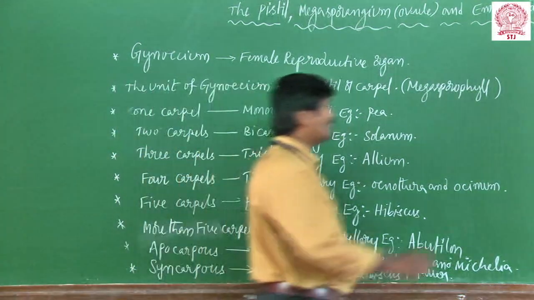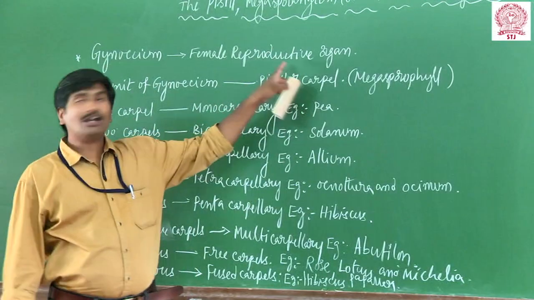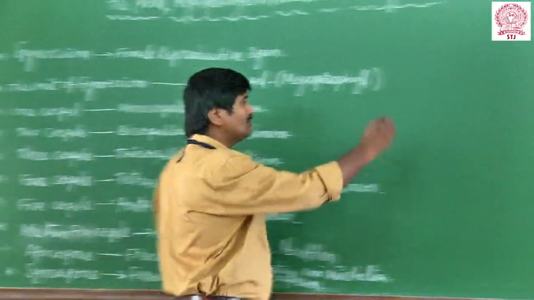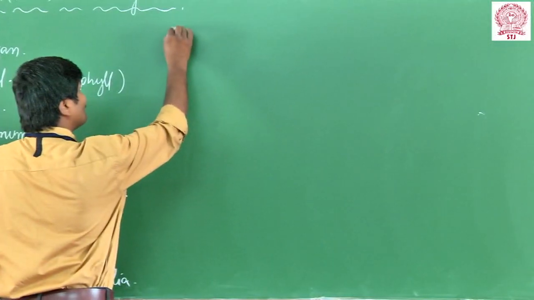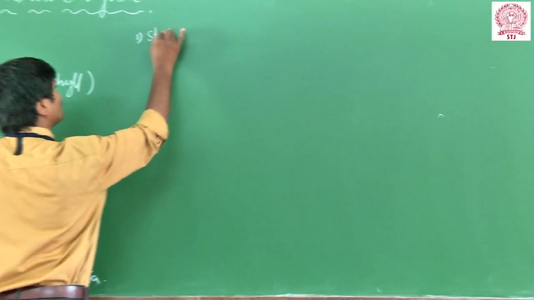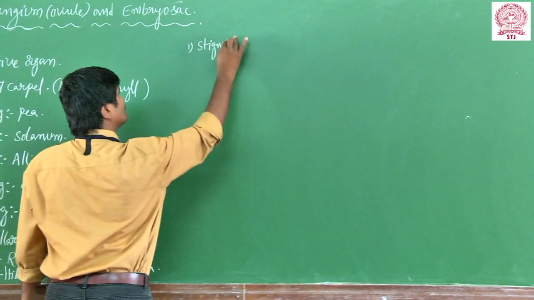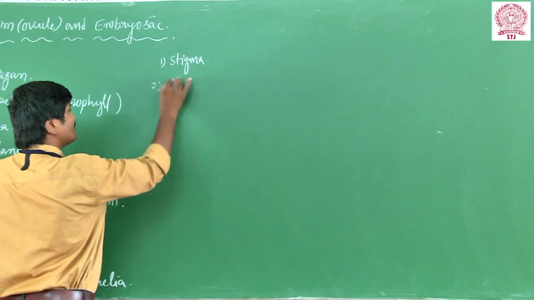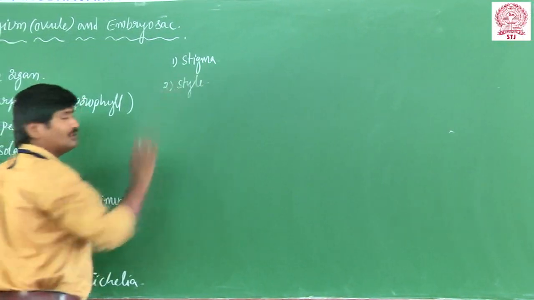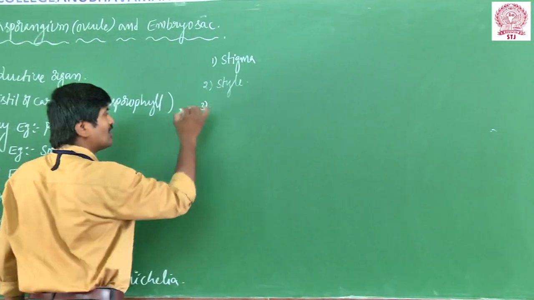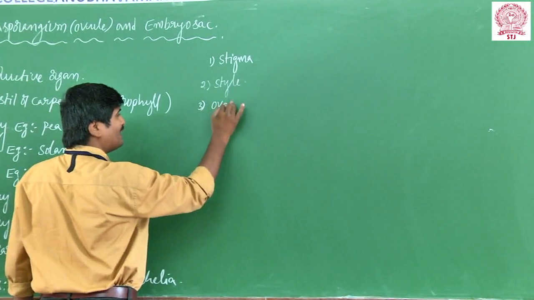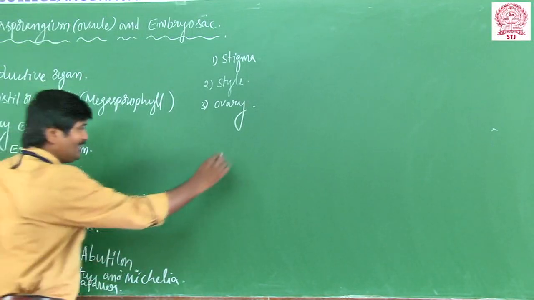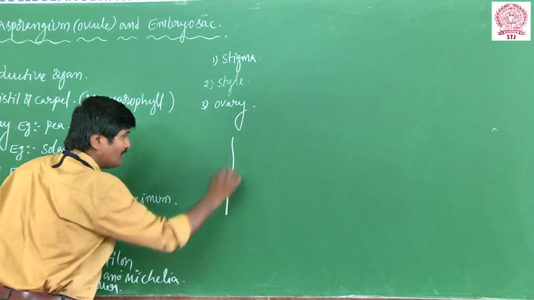Next one, each carpel may consist of totally three parts. One is stigma, second is style, third is ovary. See here, this is one carpel.